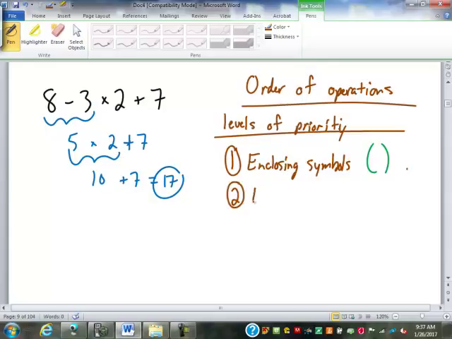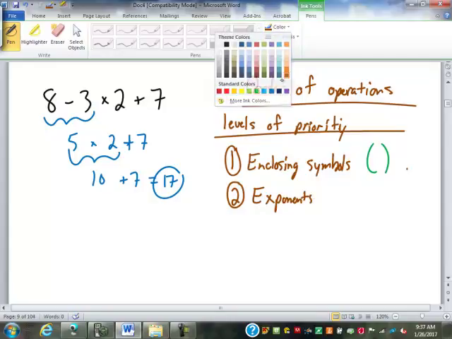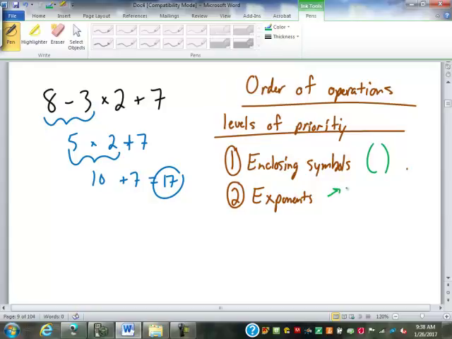Second is exponents. Exponents include two things: powers and roots. Third level of priority, or next lowest priority, is multiplication.